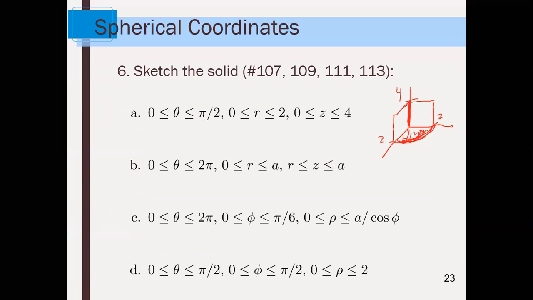You see what I'm saying? You just get that part, 1/4 of a cylinder in this particular case. Looks like we've sliced off 1/4 of this particular cylinder. It's 1/4 of a cylinder of height 4 and radius 2. That's what that first one would actually be. So that's the sort of thing that you do on these last 4 right here. It's kind of fun to think through those sorts of things.